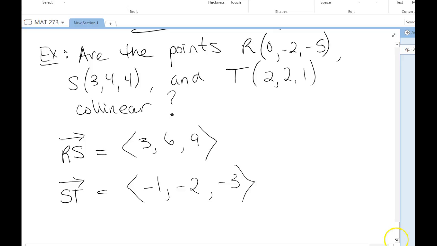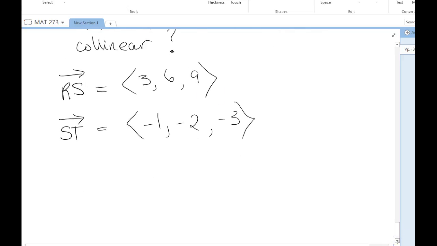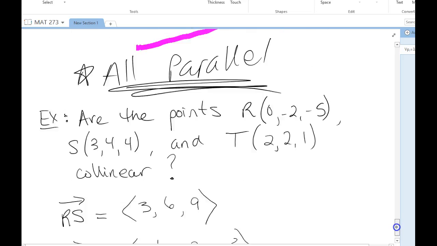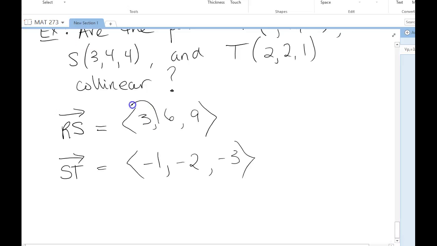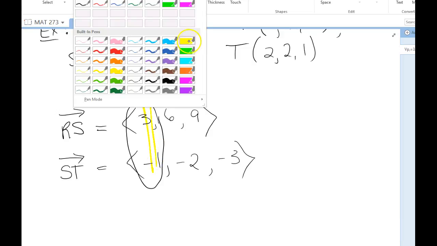It looks good. Some of these you can't really tell just by looking at them because they've got some crazy fractions in them. So I'm going to show you a way that you'll know for absolute certain that these are multiples of one another. We are going to create fractions between each of the components. I'm going to create that fraction and see what value it gives me, and I should get the exact same value between the y's and the z's.